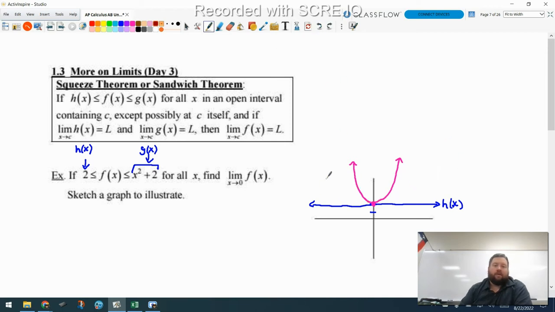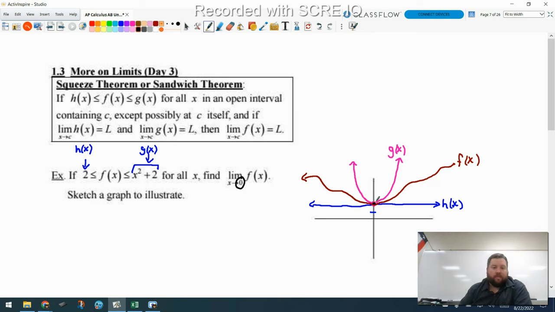So I'm just going to draw a random function here. Let me label, this is g of x. I'm just going to draw a kind of random function like that, and that's going to be our f of x. Now notice what our limit is. We want to find the limit as x approaches 0.